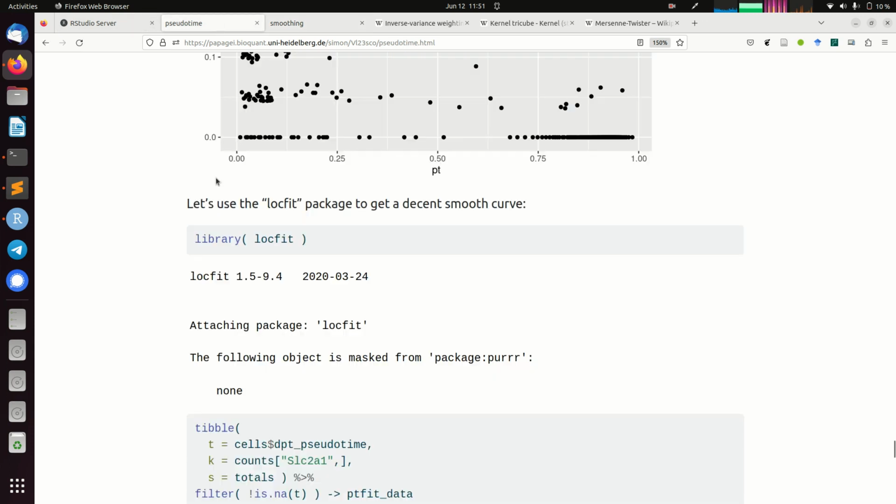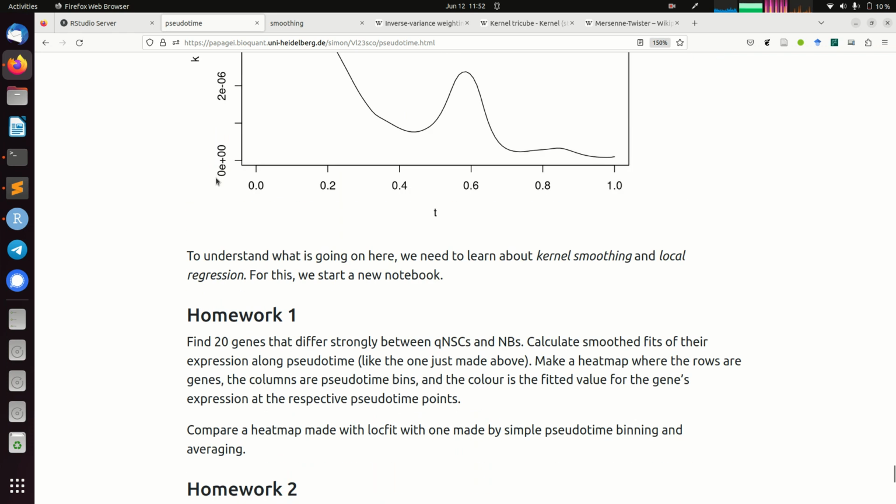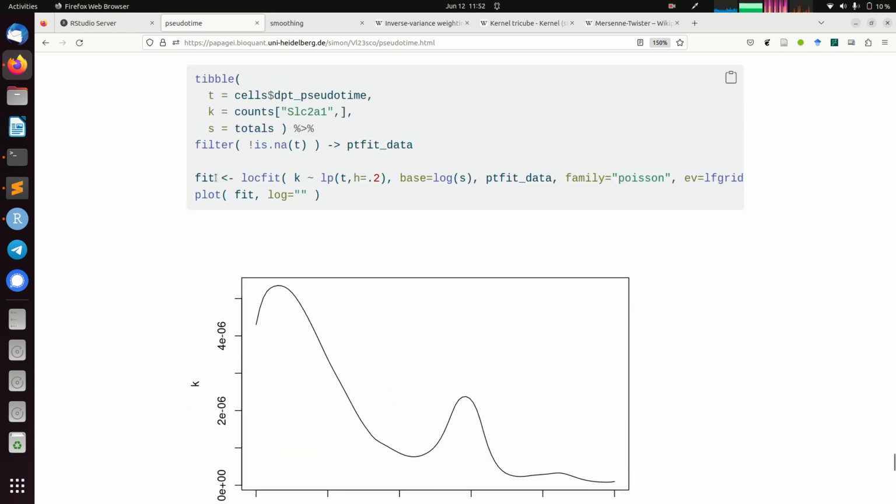But what I do have for you is a homework. The first thing is, here's our regression line for solute carrier 2A1. And as I said, I used it here with logit fit.